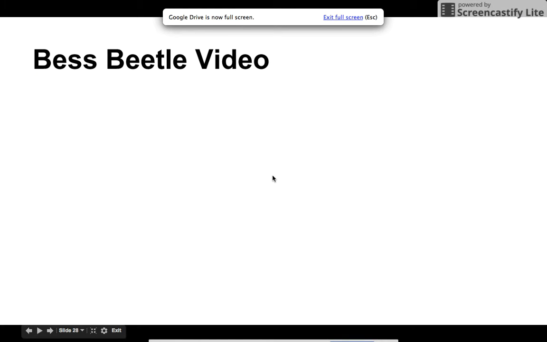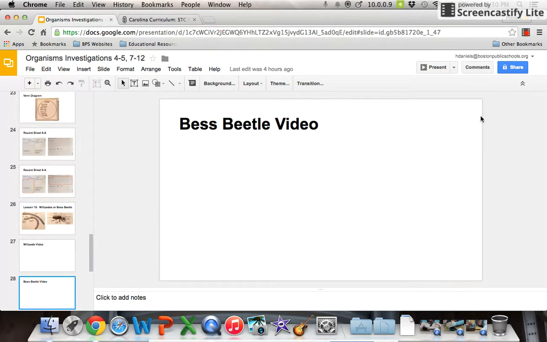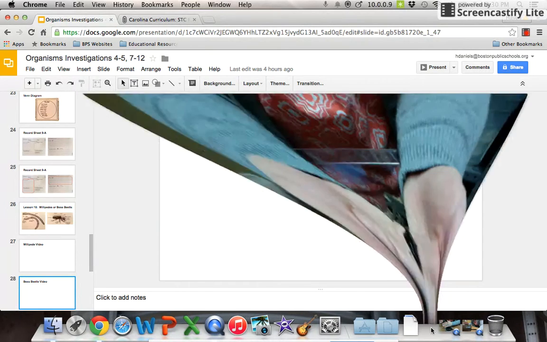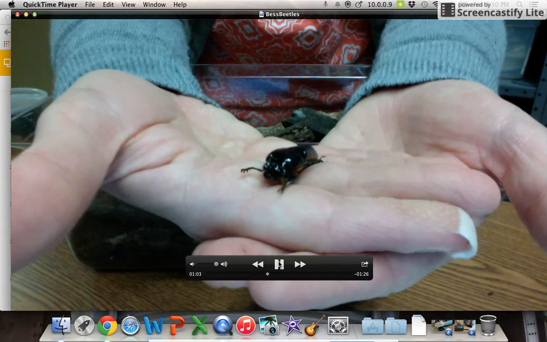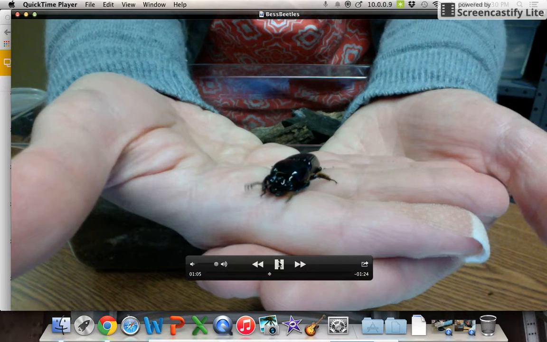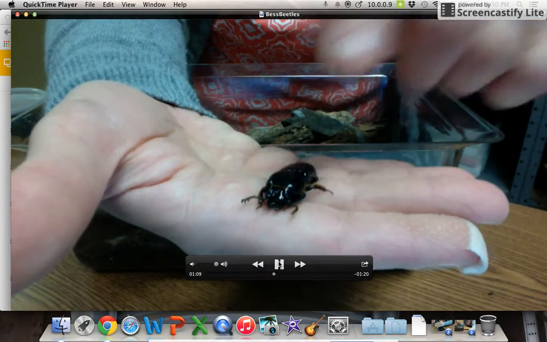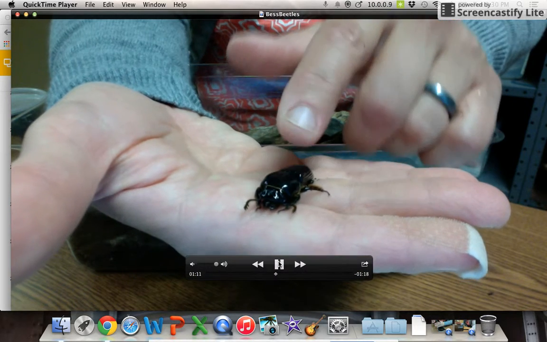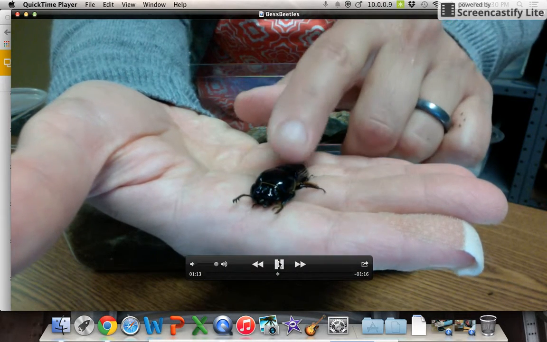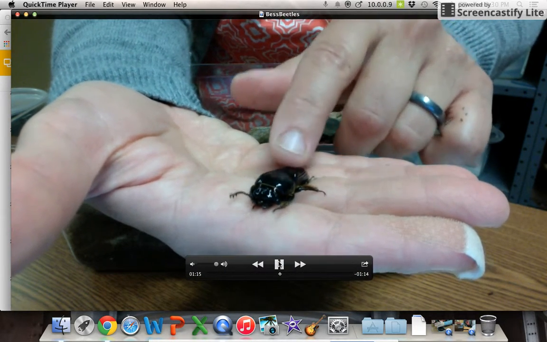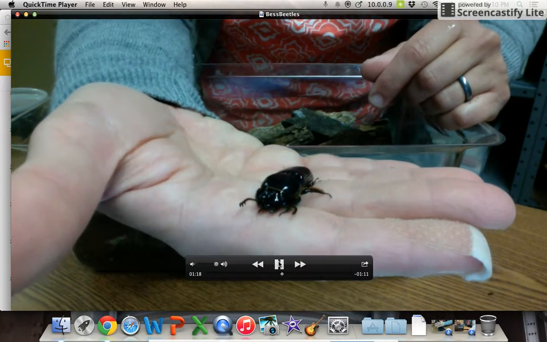So you may get the bess beetles instead of the millipedes if you get this kit in the springtime. And the bess beetles look a little scary, but they are not going to hurt you at all. They're super cute, and they were probably the only animal in the elementary curriculum that I was really nervous about holding when I became a science teacher, but now they are by far my favorite critters.